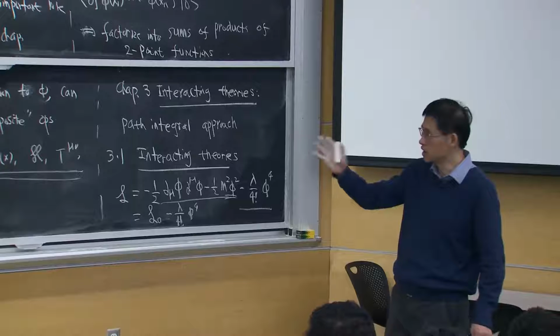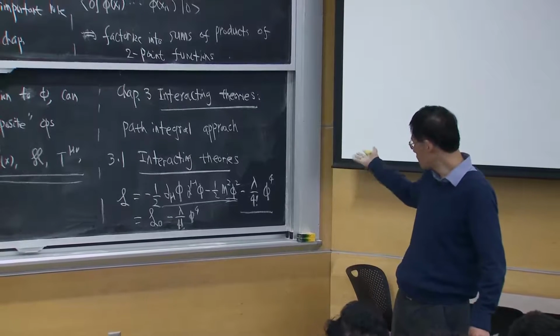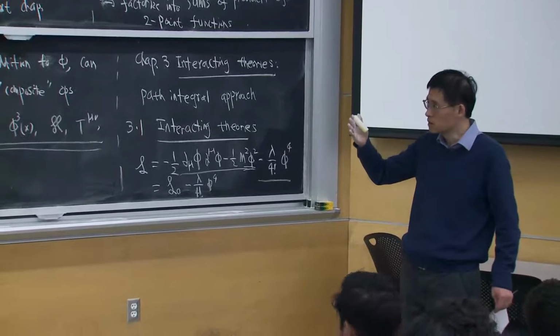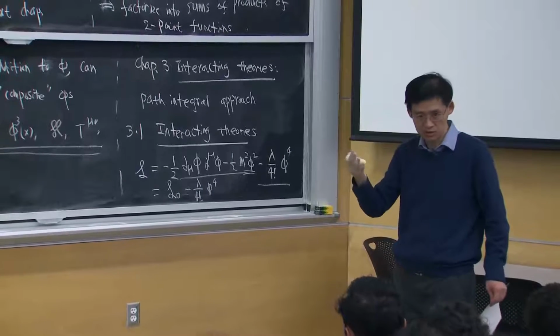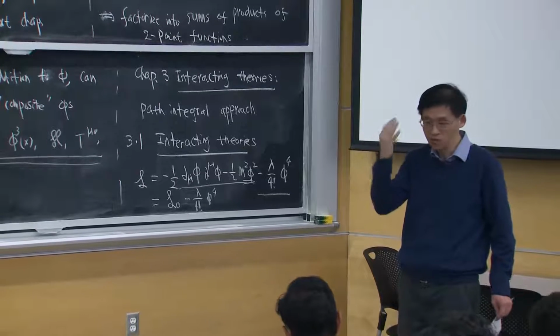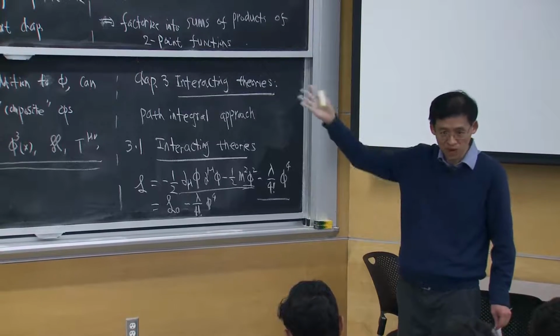Here I'm just giving you the intuition that when you add such a nonlinear term, that should lead to some kind of interactions. But to understand precisely what kind of interactions, you have to look at physical observables. That's why we need to look at the S matrix.